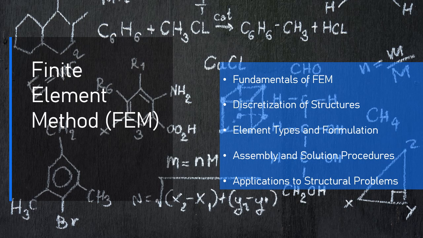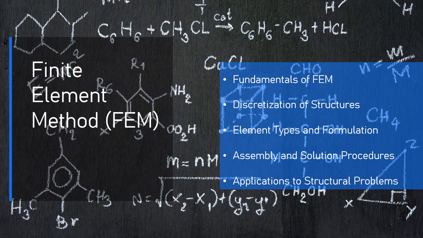4. Assembly of global system. The next step is to assemble all the element stiffness matrices into a global stiffness matrix K for the entire structure. This is done by assembling each element stiffness matrix into the global system based on its node connectivity.